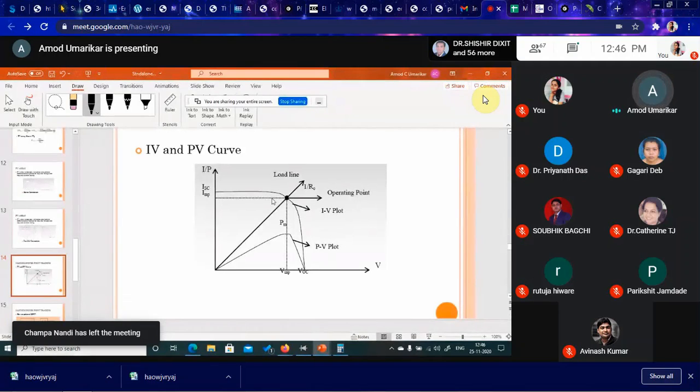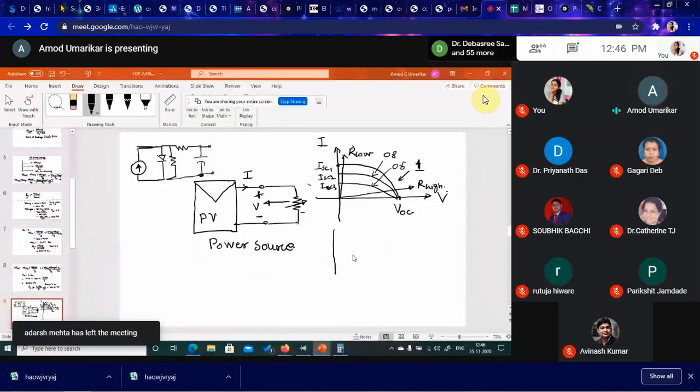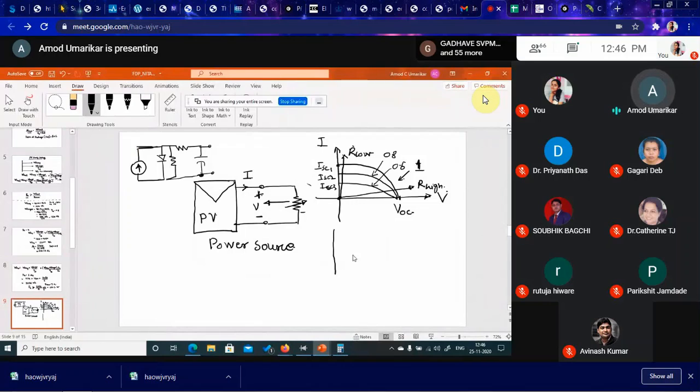That resistance line cuts the curve there. The operating point of V and I for the total system is where the resistance curve and the PV curve cut each other.